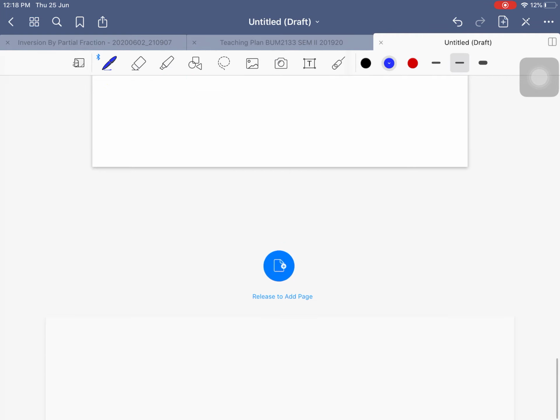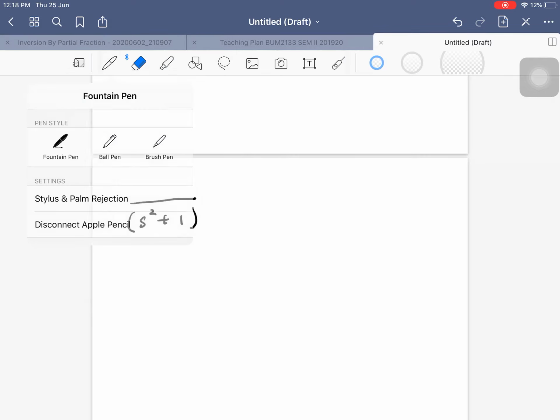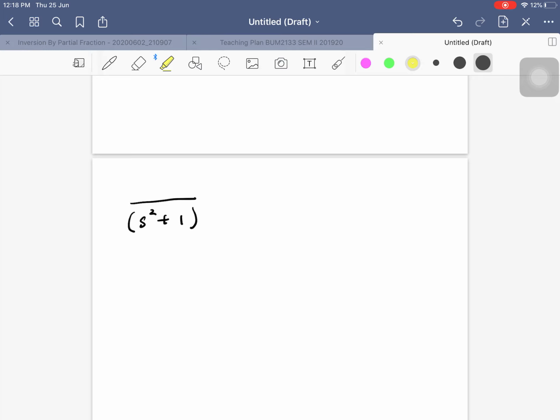If I were to give you more examples, let's say I have something like this. I have something that is going to be over s squared plus 1. Now inside the bracket I have s to the power of 2, and I know that at the top must be 1 power lower.